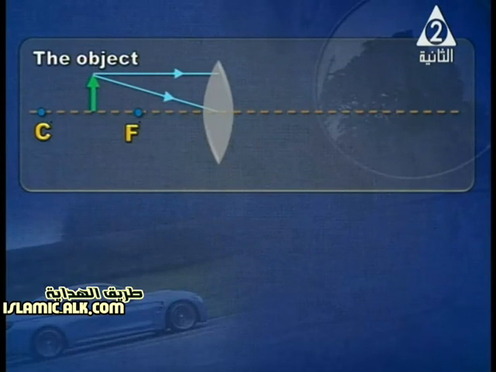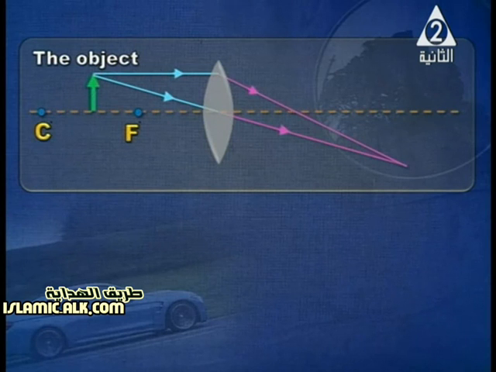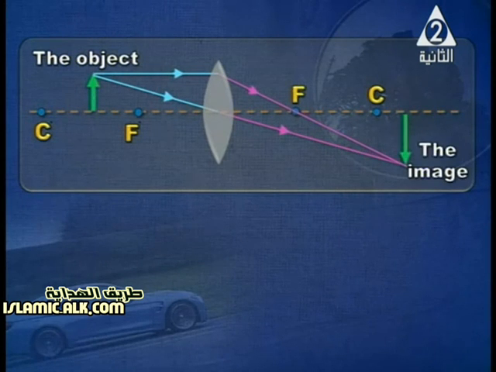The case number 4, when the object is placed between the center of curvature and the focus of the lens. This object will send 2 rays. The first ray parallel to the principal axis, which will refract passing through the focus. The other one will fall passing through the optical center of the lens, forming an image after the center of curvature.